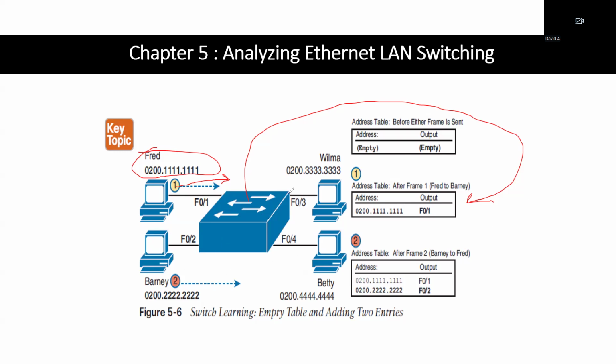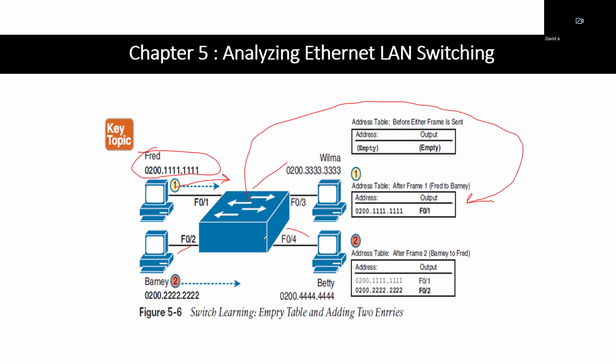We haven't got there yet, but I'm going to skip a little bit ahead. The switch doesn't know where Barney lives yet. It's going to broadcast that frame that Fred sent out of all ports, and this is an unknown unicast frame.